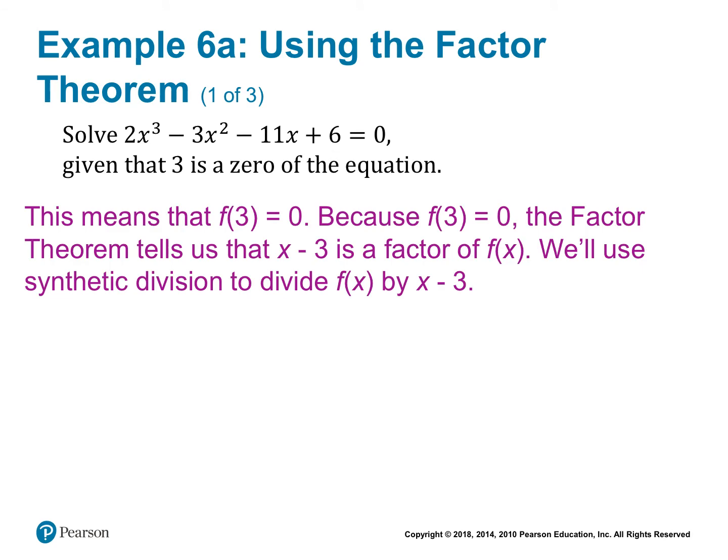Okay, so we're going to solve this, set it equal to 0, given that 3 is a 0 of the equation. So this means that f of 3 is 0. Because f of 3 is 0, the factor theorem tells us that x minus 3 is a factor of f of x. We'll use synthetic division to divide f of x by our x minus 3.